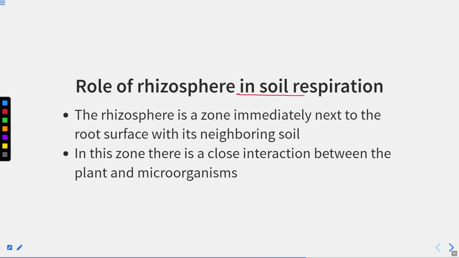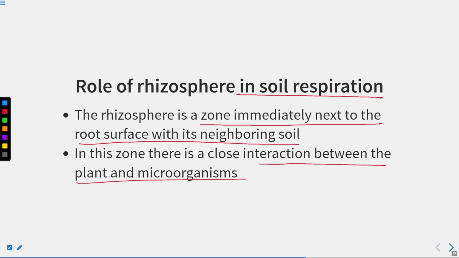Role of rhizosphere in the soil respiration. The rhizosphere is the zone immediately next to the root surface with the neighboring soil. This zone is therefore a close interaction between the plant and the microorganisms. So these are the roots, and here a lot of microorganisms are present.